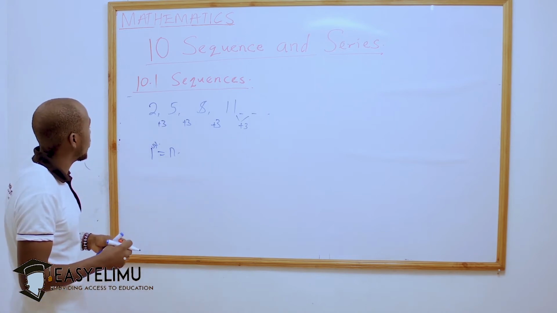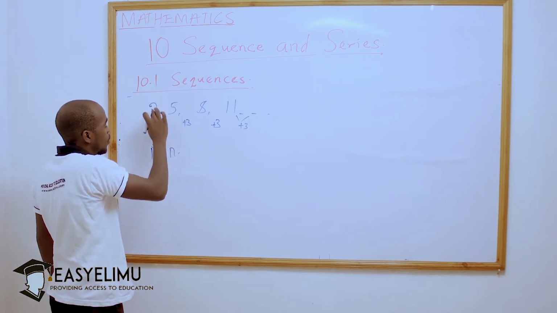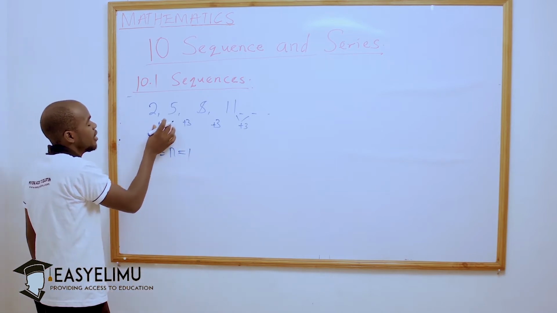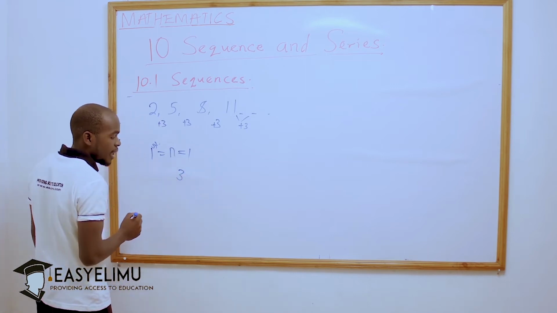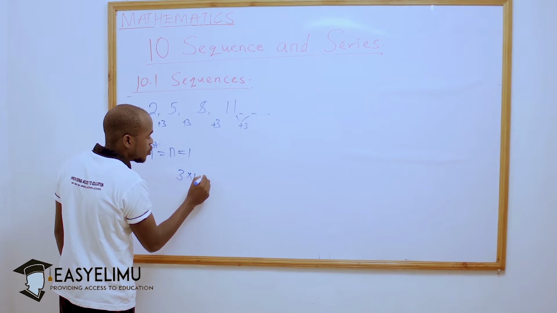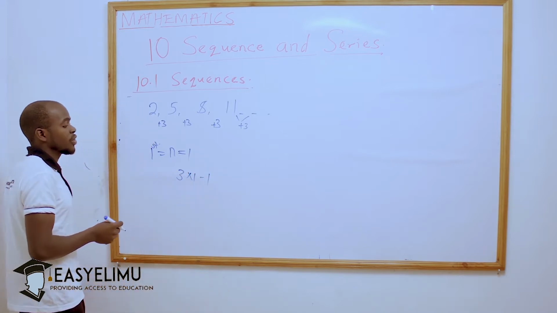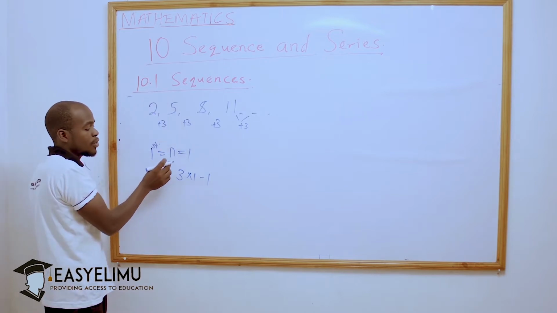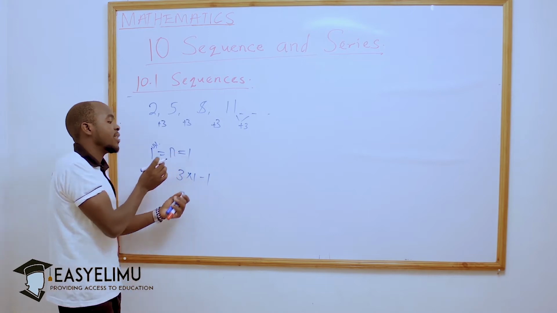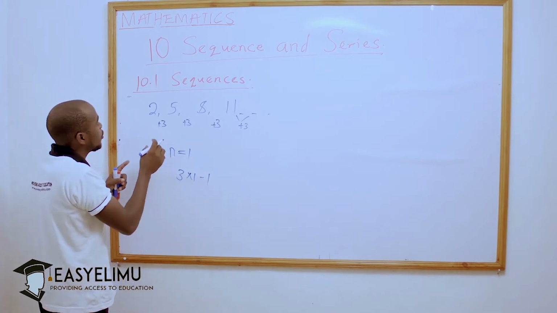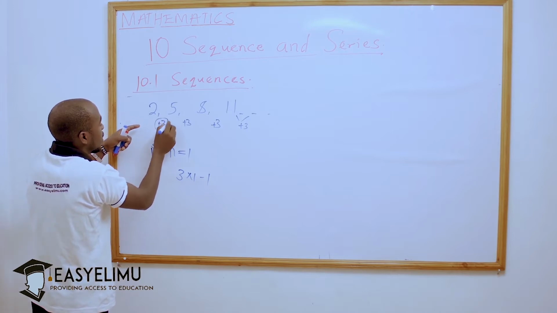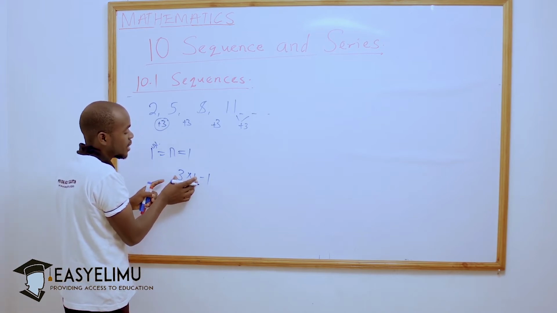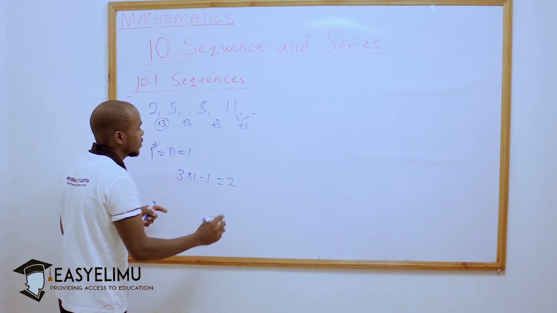To get this 2, if we have n equal to 1, then 2 can be obtained from 3 by taking 3, multiplying by 1, then subtracting 1. If you want 2 in terms of n, where n is equal to 1, then, since there is an addition of 3 here, you take 3 multiplied by 1 to get 3, and then you subtract 1, and you will find it is 2.